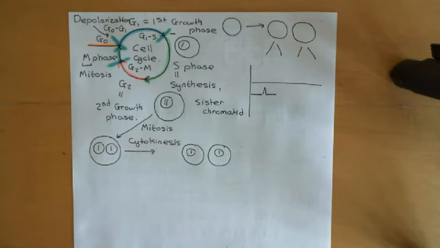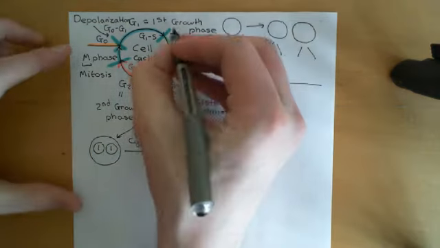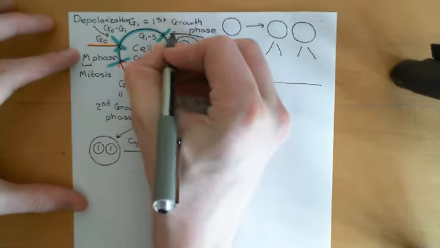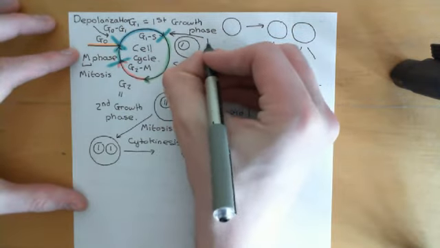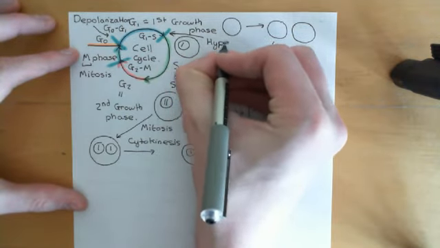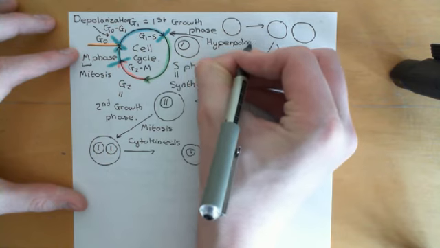to G1 transition, okay? Then between the G1 and S transition, okay, you get hyperpolarization, the opposite change in the electrical potential difference.